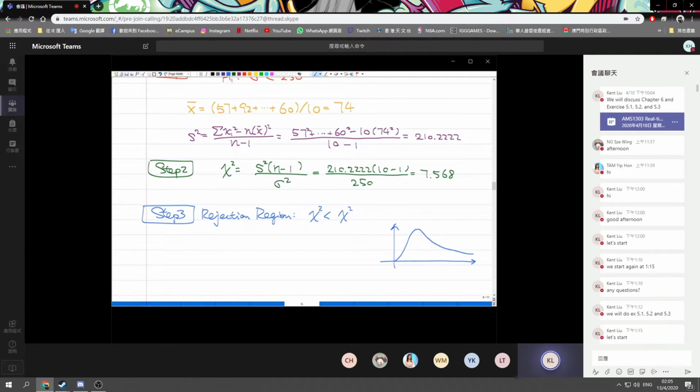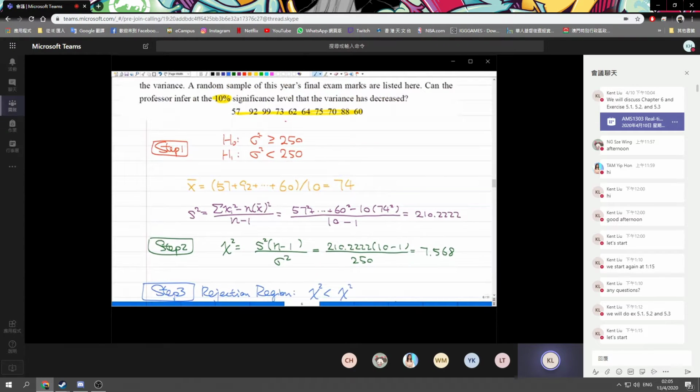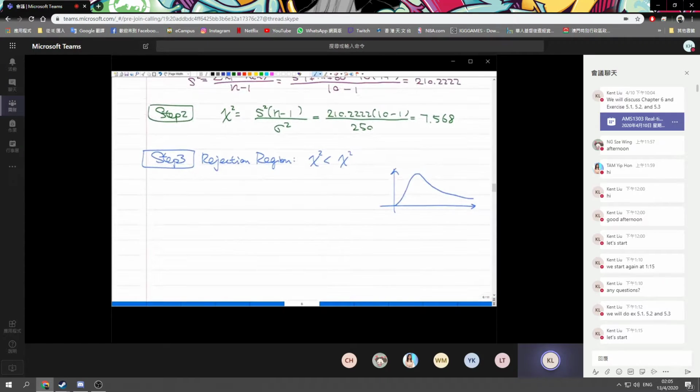Since we move everything to one side, all the 10% appear here. So all the rest are 90%. And so this point is chi-square 90%, or we can say 0.9, with degrees of freedom 10 minus 1. All right. So whenever your test statistic appears here, you reject your null hypothesis.